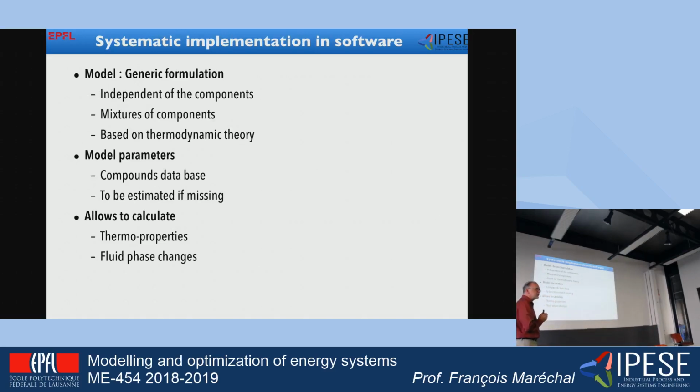However, when we have to make calculations of flow sheets, something that is important is that we have to be sure that we are going to have a set of equations that is generic.